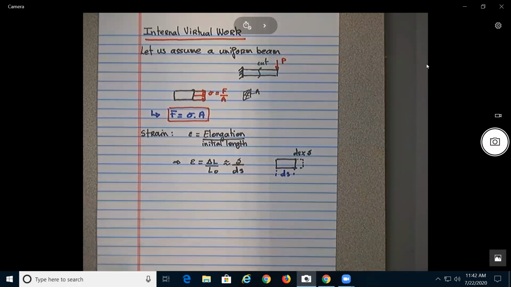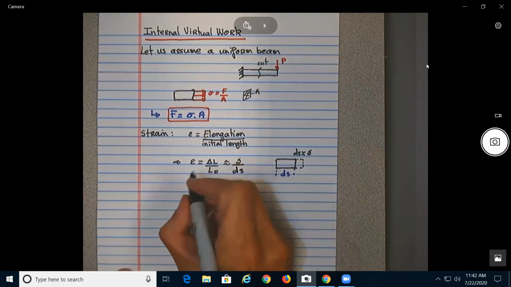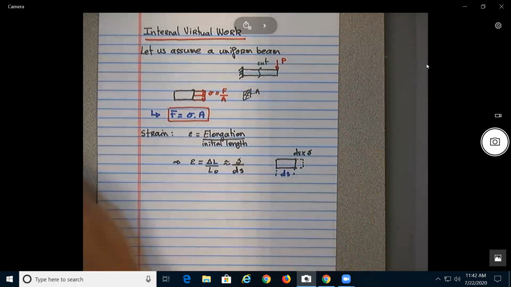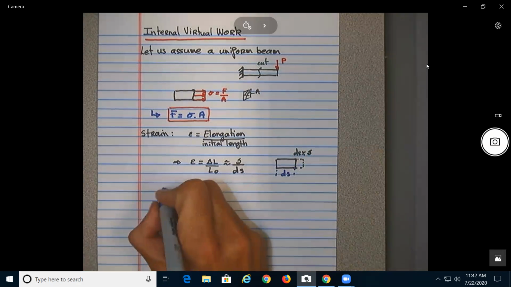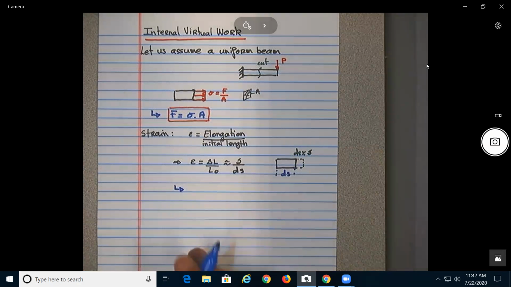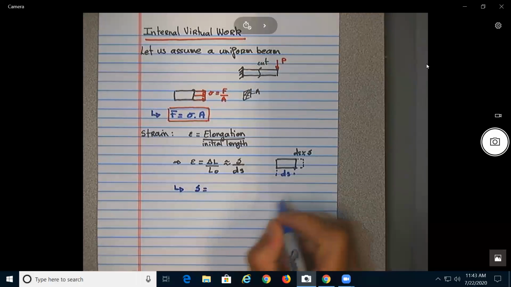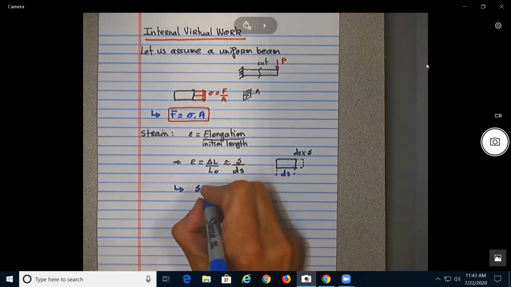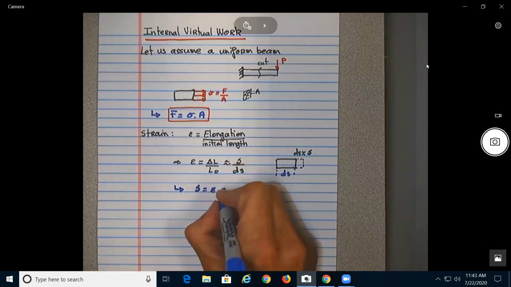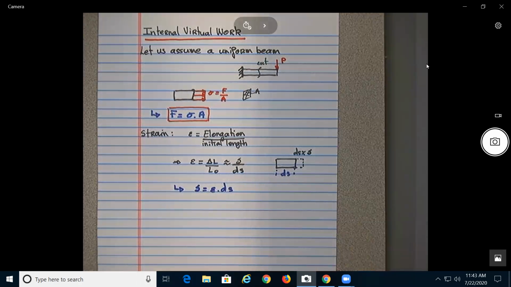You could leave it with the same notation, but I decided to change it. So from this equation, the elongation will be equal to the strain times the initial length ds.